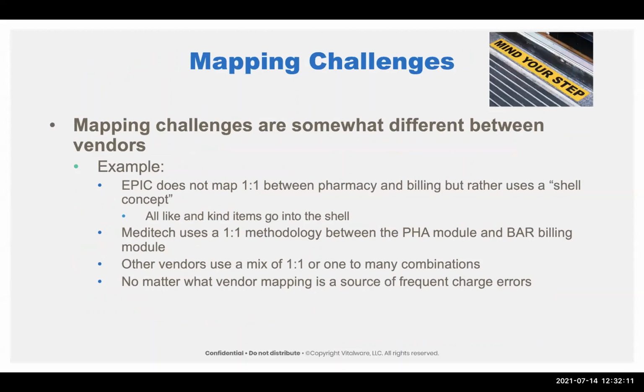Now, part of the confusion here is different vendors, Meditech, Cerner, CPSI, Epic, they all have different ways of doing it. And so Epic doesn't map one-to-one between a pharmaceutical and a billing module. Rather, it uses a shell technique where it puts like and kind together. And here's an example of something that went awry. I actually had a client that inadvertently put a very, very high cost carve-out drug into 250. As the 250 went, that was a 250 without J-code shell.